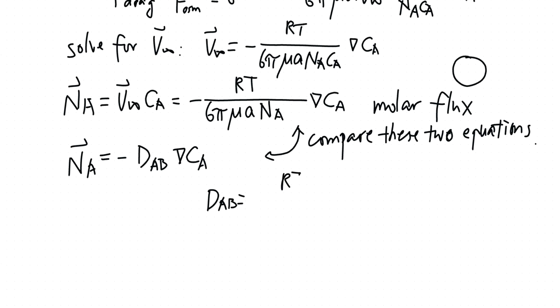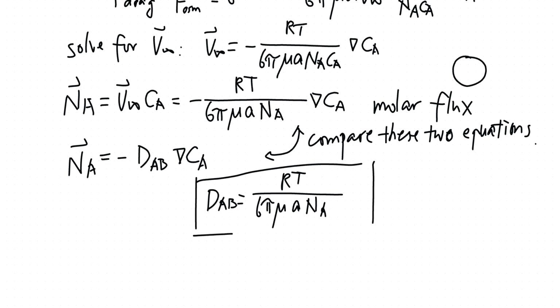And then you get a conclusion that you can approximate or estimate D A B as RT divided by 6 pi mu A N A. Here R is the ideal gas constant, T is temperature, mu is the viscosity of the water, A is the radius of the solute particle, and this is Avogadro's constant, of course.